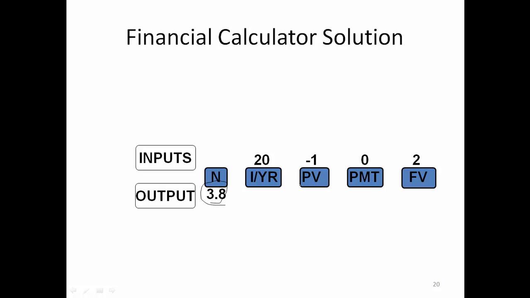It actually doesn't matter which one is positive, which one is negative. As long as one number is positive and the other negative, you can get n as the number of years it would take for your investment to double. If you input both numbers as positive, then your calculator will give you an error message.